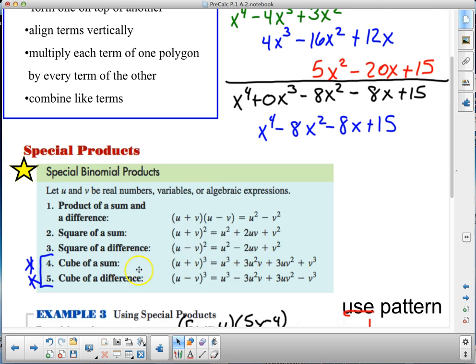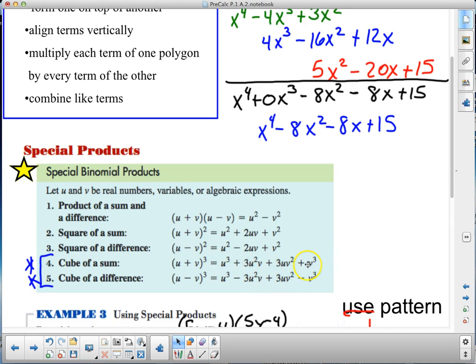Now, the cube of a sum and the cube of a difference are ones that we really have to pay special attention to. For the cube of the sum, we've got u cubed, then 3u squared v, then 3uv squared, and v cubed. But notice how we're working down. The power of u goes 3, 2, 1, and then 0, and v wasn't there at first, so it's 0, 1, 2, 3.